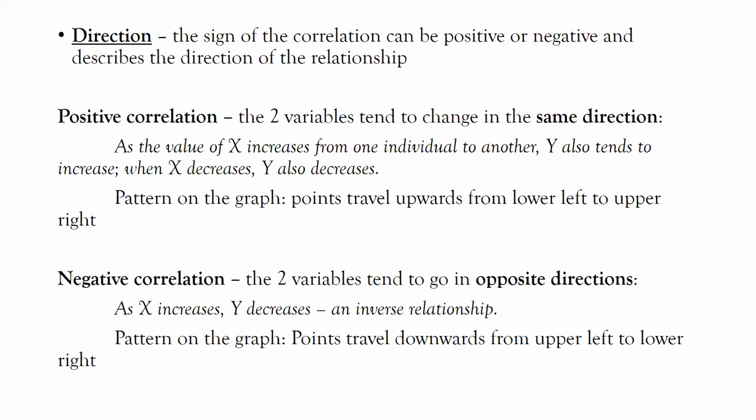So simply put, as x increases in value from one individual to another in the sample, your y will also tend to increase. When x decreases, y also decreases. Now, if we go back to a scatter plot depicting a positive relationship, you will see that the individual points will travel upward.